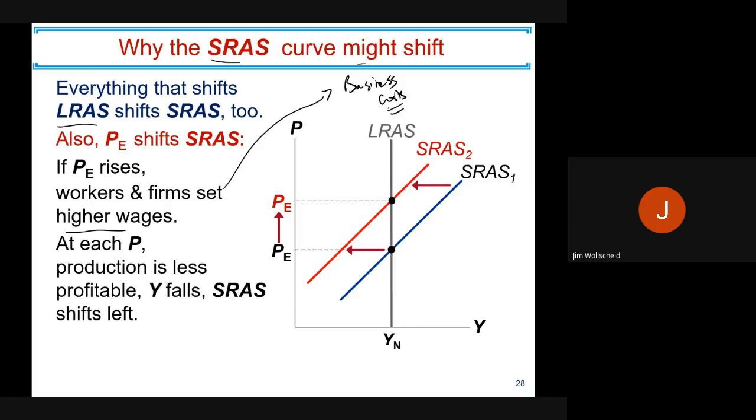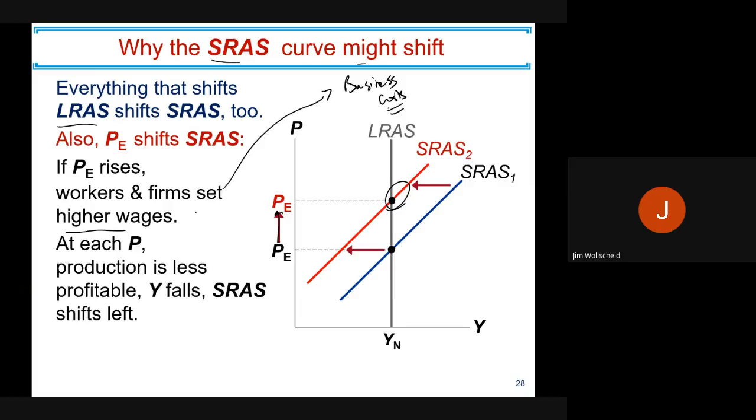They pass new laws to increase wages. So what's going to happen is we're going to shift left and we're going to end up at a higher price point. So we always end up on long run aggregate supply. We'll get there. Now we might get there with more inflation or less inflation, but we'll always end up on the long run aggregate supply. It just takes us a little while.